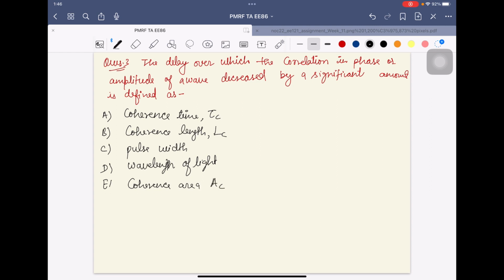Okay, so what will be your answer? The question is the delay over which the correlation in phase or amplitude of a wave decreased by a significant amount. Okay, so this delay is related to time. Okay, so this is coherence time, so this will be the right answer, coherence time.